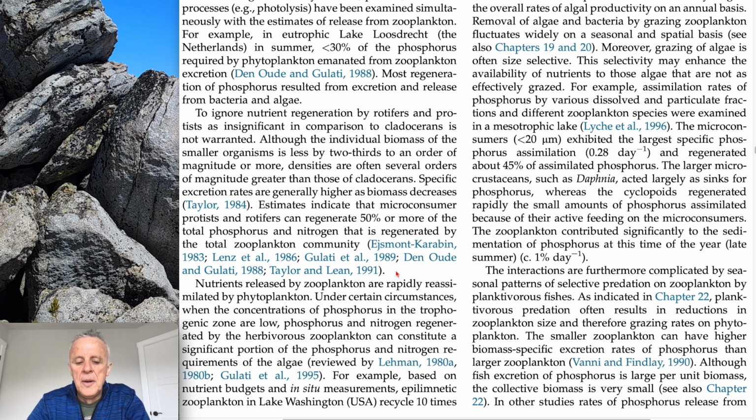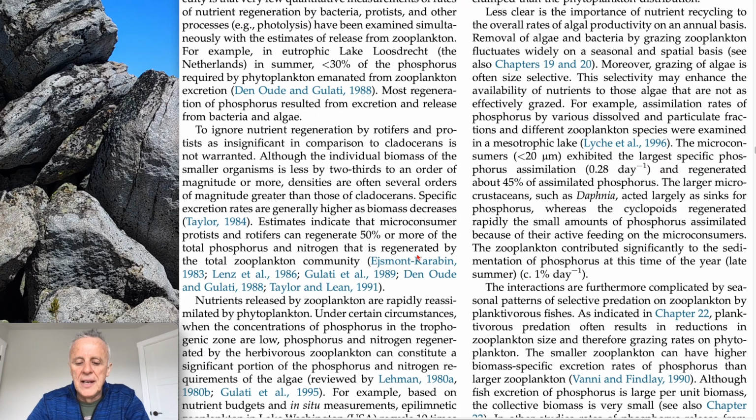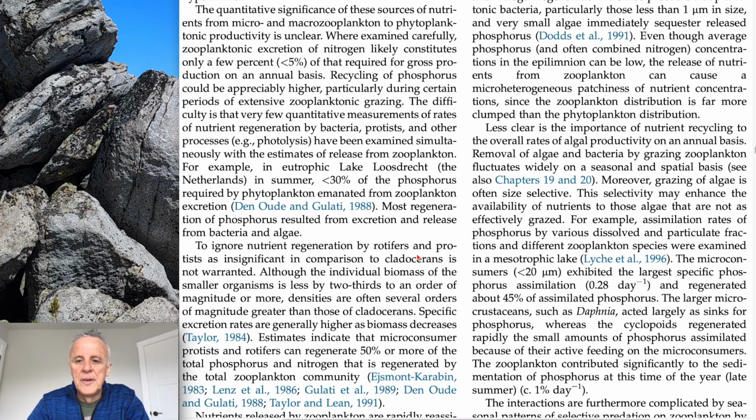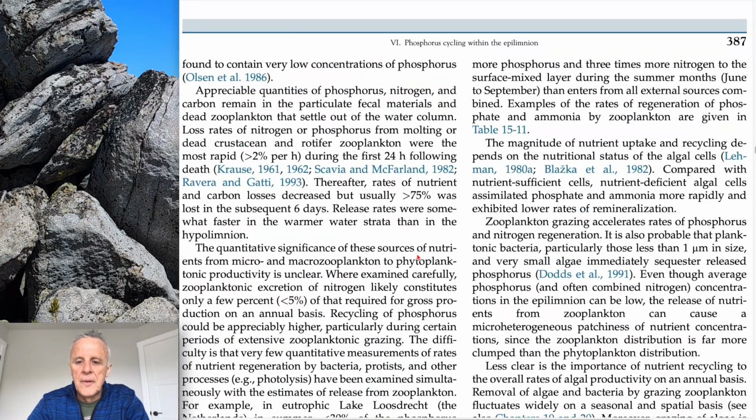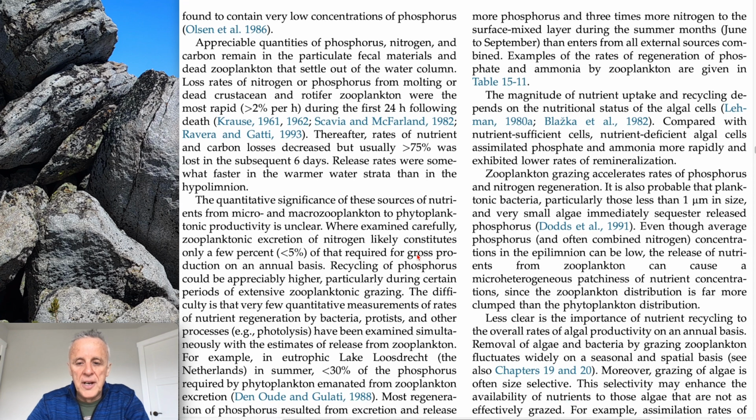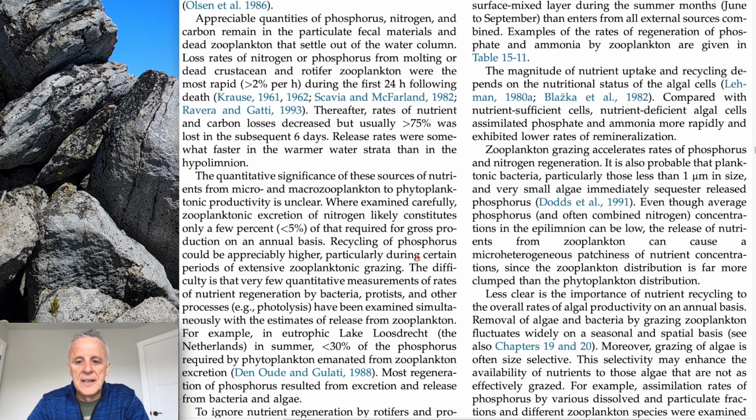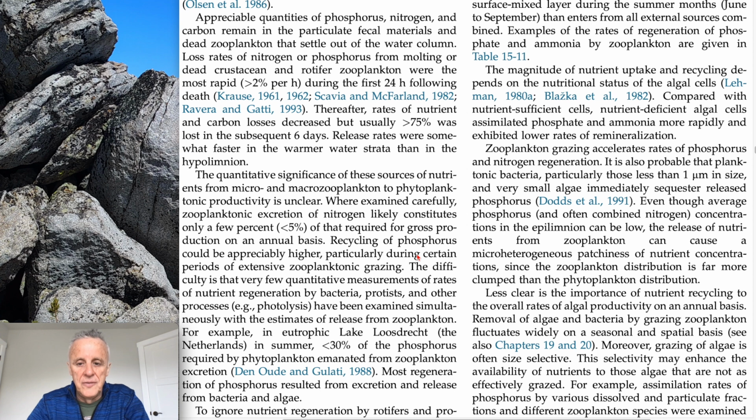For example, based on nutrient budget and in situ measurements, epilimnetic zooplankton in Lake Washington recycled 10 times more phosphorus and 3 times more nitrogen to the surface mixed layer during the summer months than enters from all external sources combined. Examples of the rates of regeneration of phosphate and ammonia by zooplankton are given in table 15-11.